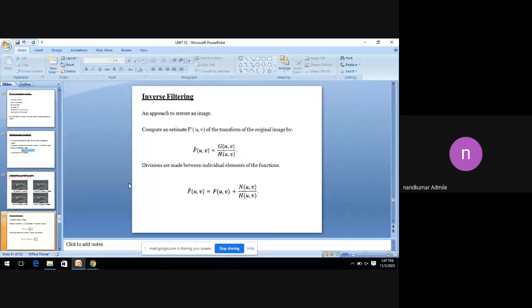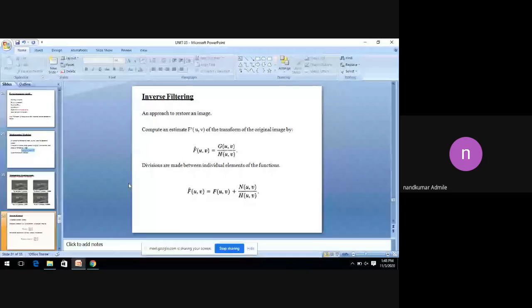For example, if we scan a pen drive, at that time we are not able to remove 100% of the virus from that device. So some noise can also be present in the image. That is represented with N of uv.